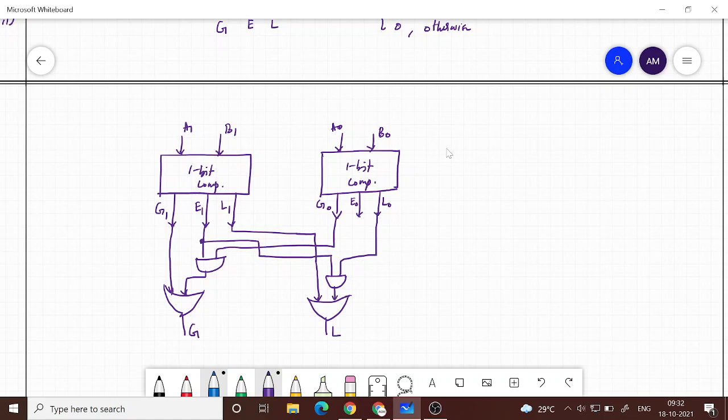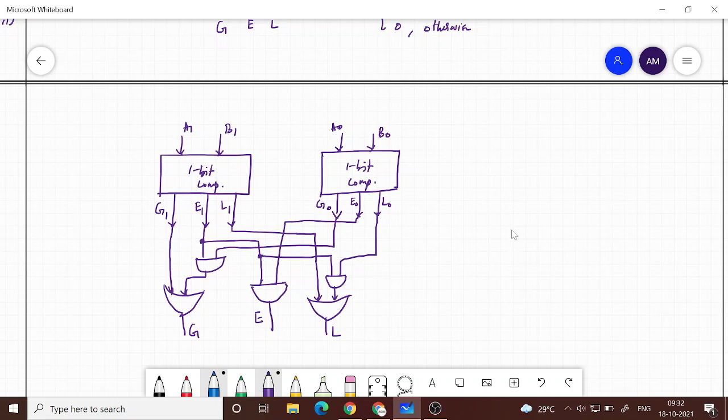And in what way can we say that the numbers are equal? Okay, so let me put it here. If both E1 and E0 are 1, then also you can say.